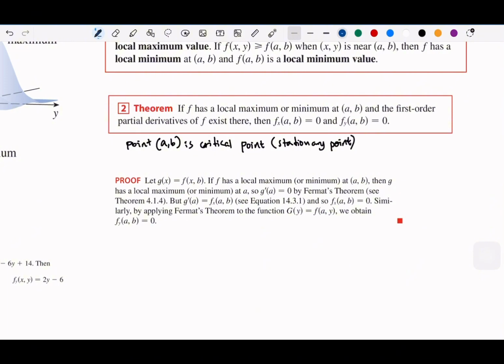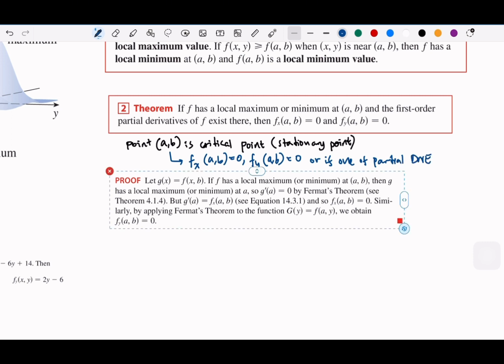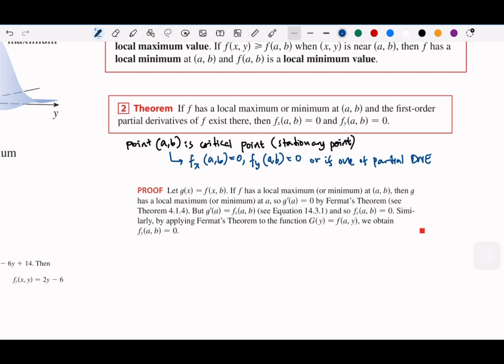This is true when we partially derive, they are going to be 0, or if one of the partials doesn't exist, we can say that this is going to be a critical point as well.